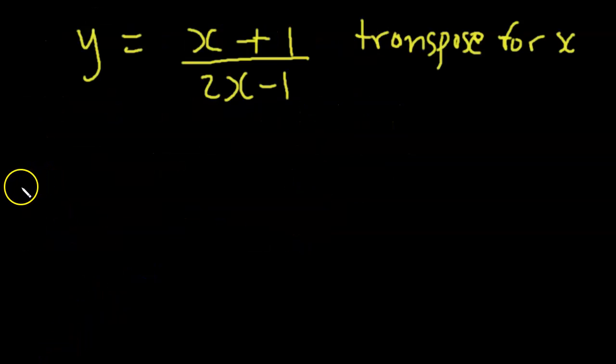So we're doing a final transposing in the series. So here we are asked to transpose for x. And we have a formula here where there's a denominator which we need to get rid of. So we multiply both sides by the denominator, which is 2x minus 1. So 2x minus 1 times the left, and 2x minus 1 times the right hand side.